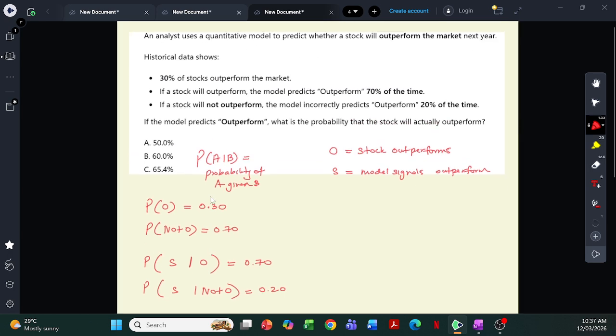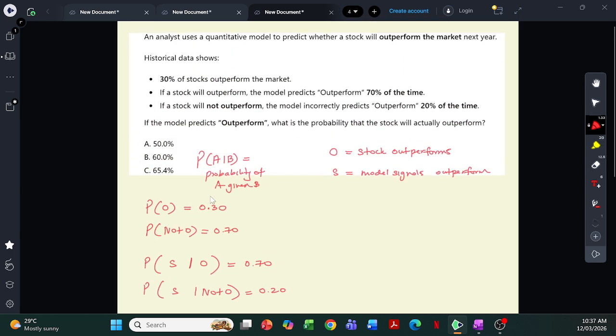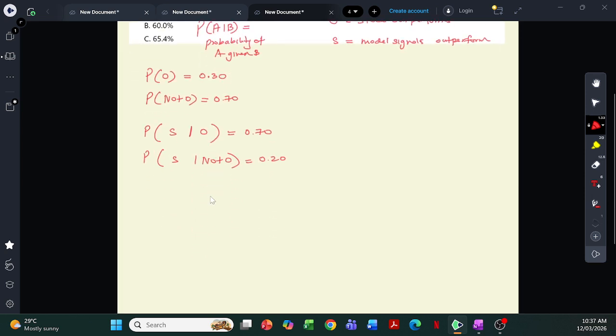Okay, and the next step for us is going to be calculating the total probability of the signal, where we will use the total probability rule. So in this scenario, the total probability will be applied.